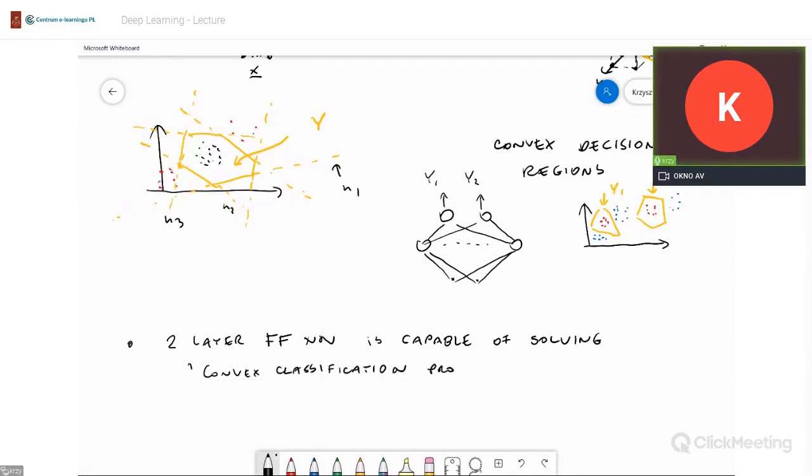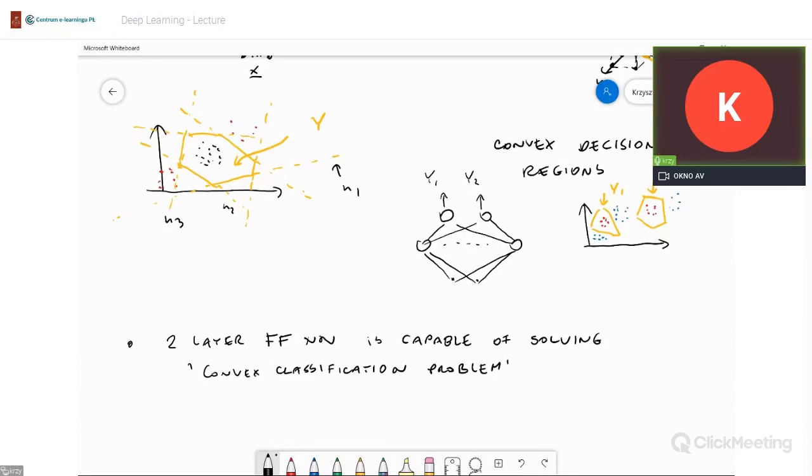So if a solution to a classification problem requires identifying convex regions in a space, then I can solve it using a two-layer feed-forward neural network.